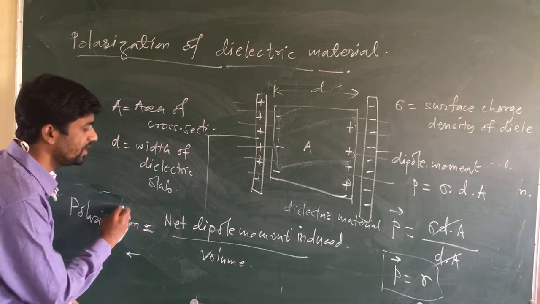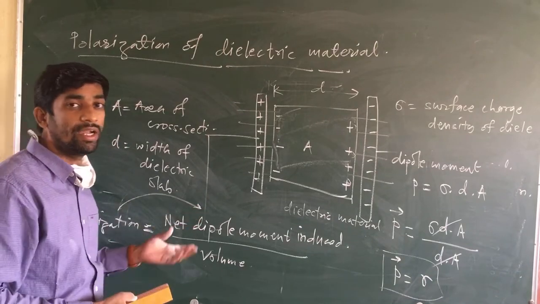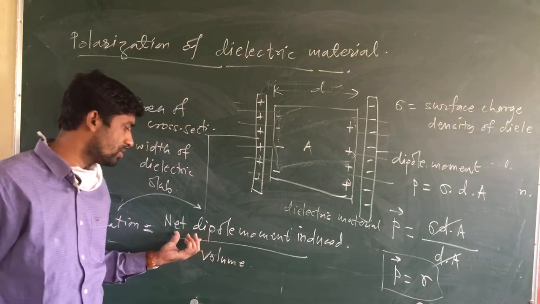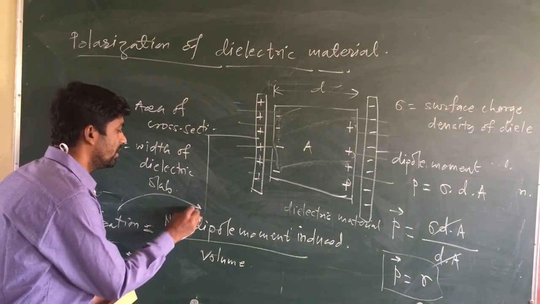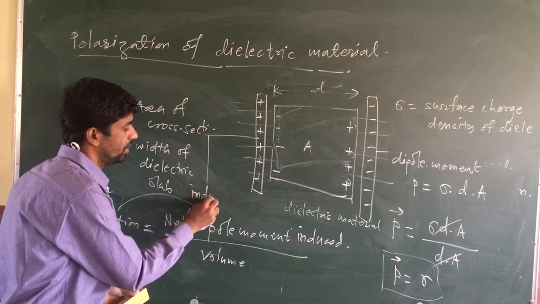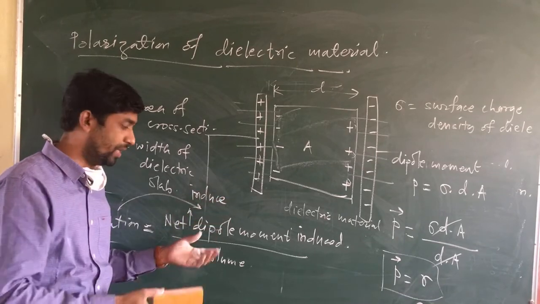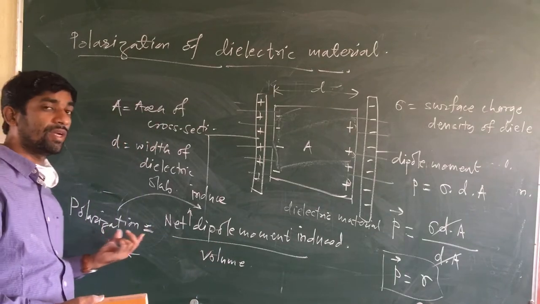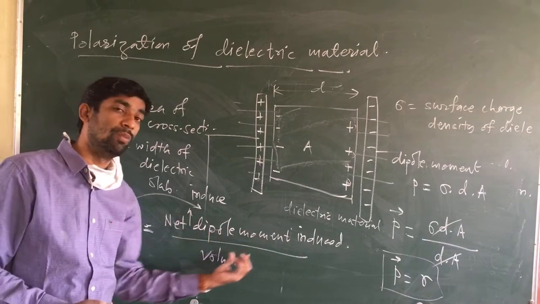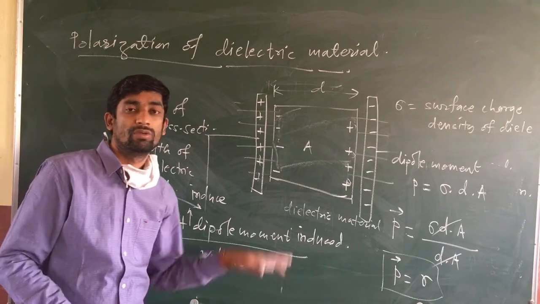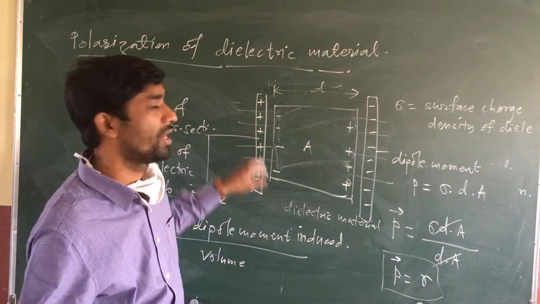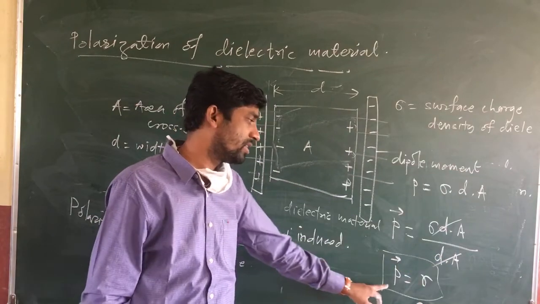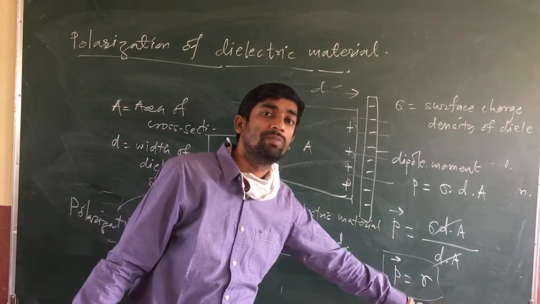That means the polarization vector is equal to the net induced dipole moment when the volume is equal to 1. So you can also write the polarization vector in terms of surface charge density: P is equal to sigma.